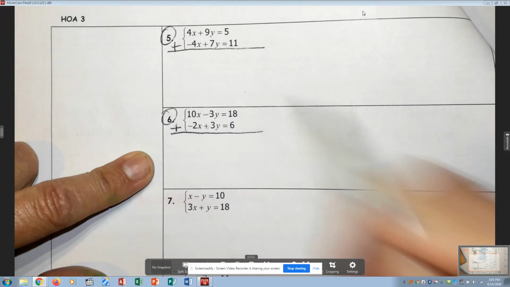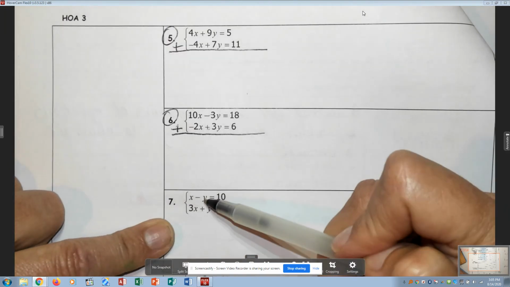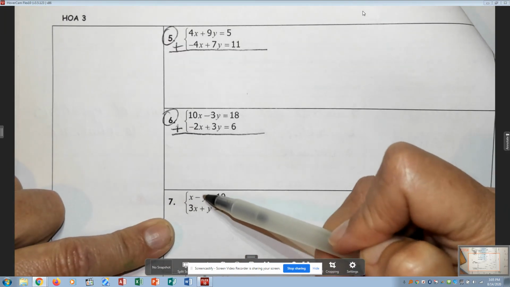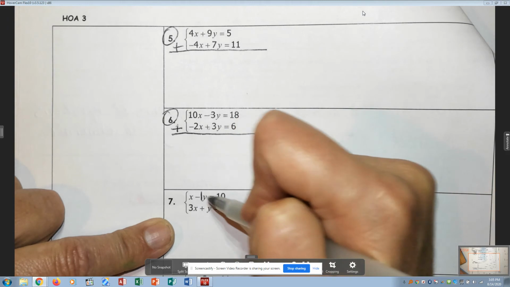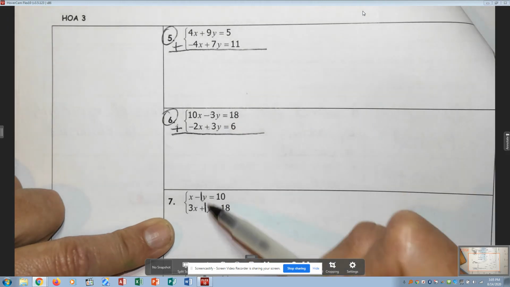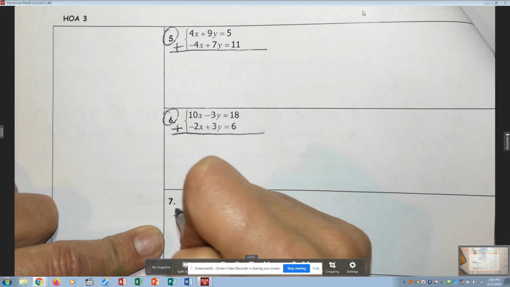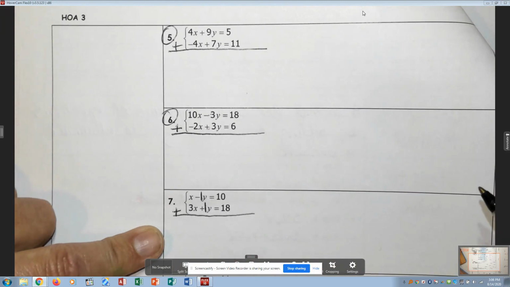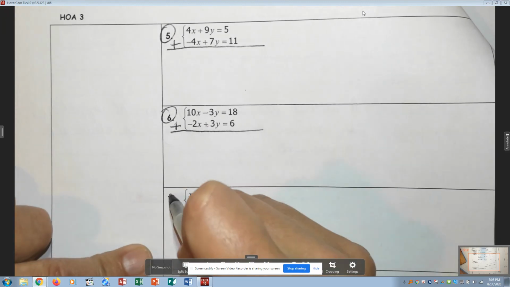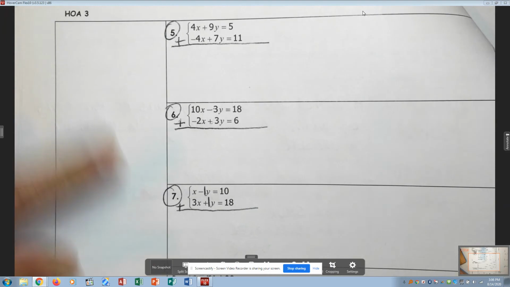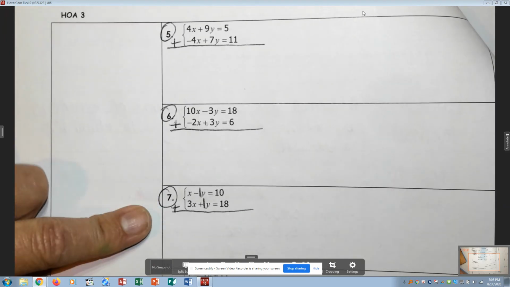So do 6. Again, this is my common variable. Because these are the opposite already, I'm going to add the two equations. Okay? So can you please, for me, do 5, 6, and 7?